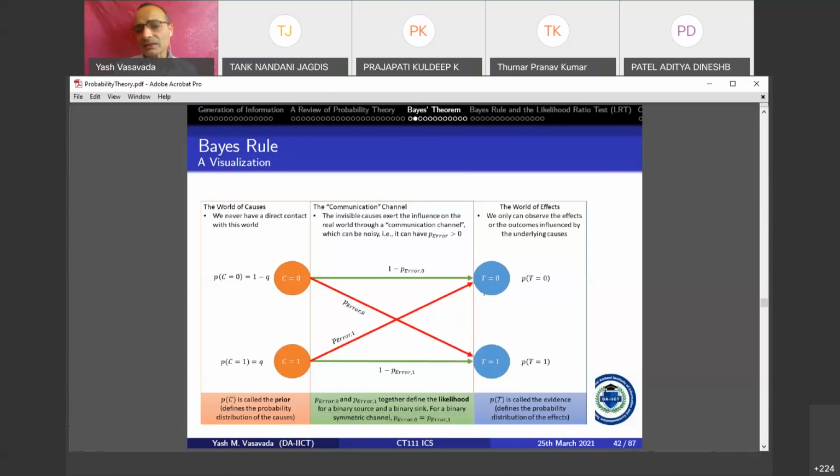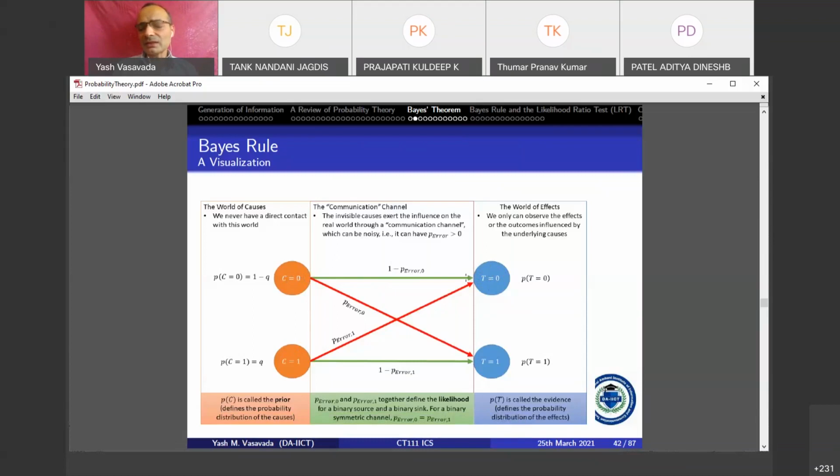The task at the receiver of a communication system is to see, when the CD head reads a 0, let's say t equal to 0, or in some cases we have called it y equal to 0, from that it has to decide whether x was actually 0 or x was actually 1. Now, if these red colored lines were not present, then the situation would be very simple.